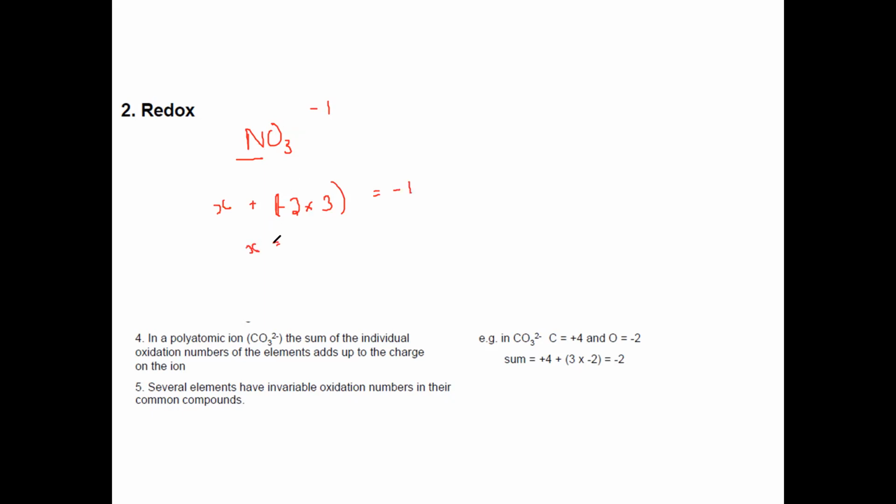So x - 6 = -1, or moving -6 to the other side, -1 + 6 gives +5. So what is the oxidation number of nitrogen? Nitrogen is +5. Each oxygen is -2, 3 oxygen have a total of -6, and nitrogen is +5.